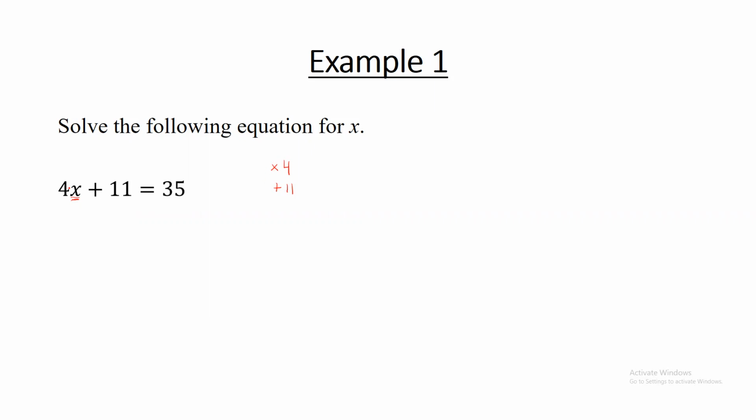It doesn't matter, mathematically speaking, what you're going to try to undo first. It does matter, however, in terms of what is more convenient. Let's consider this expression 4x plus 11.